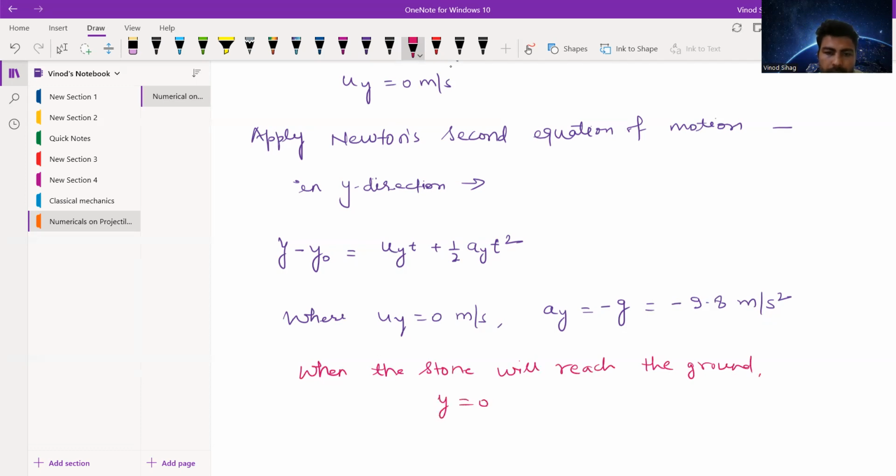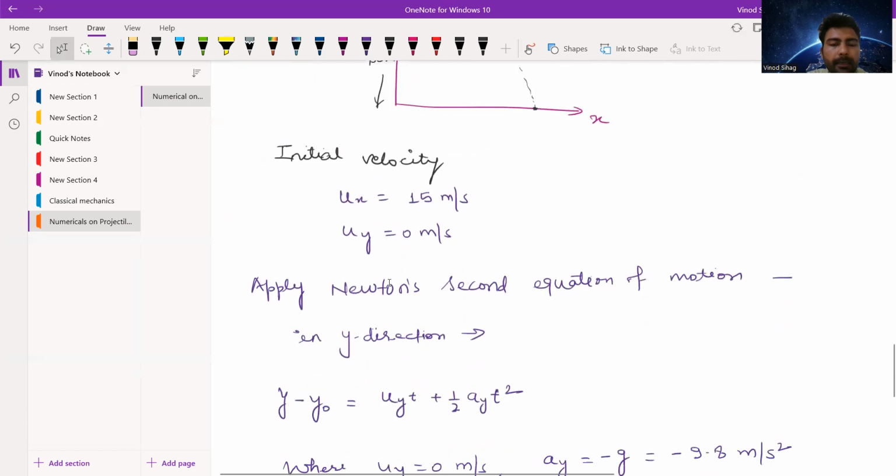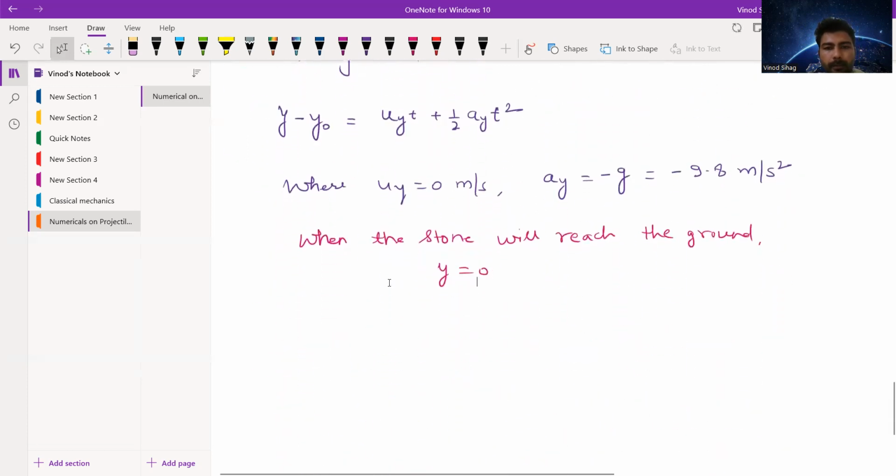It will be 0. And here y naught is the initial y coordinate, which is nothing but 490 meter. So y naught is 490 meter. Now we'll put this in the above equation, and name it equation 1.